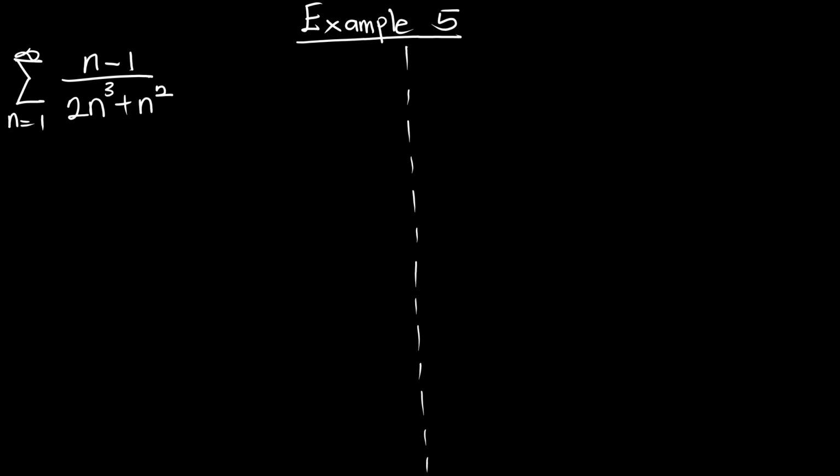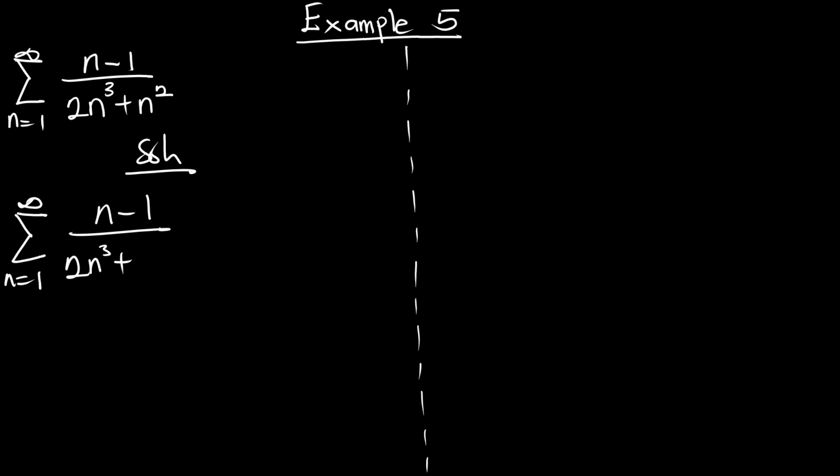All right, let's look at the last example with the comparison test. So we have this. We are to determine whether it converges or diverges using the comparison test. So straight away, just as we do, I'll write my series from n equal to 1 to infinity of n minus 1 on 2n cubed plus n squared. Please pay attention here.